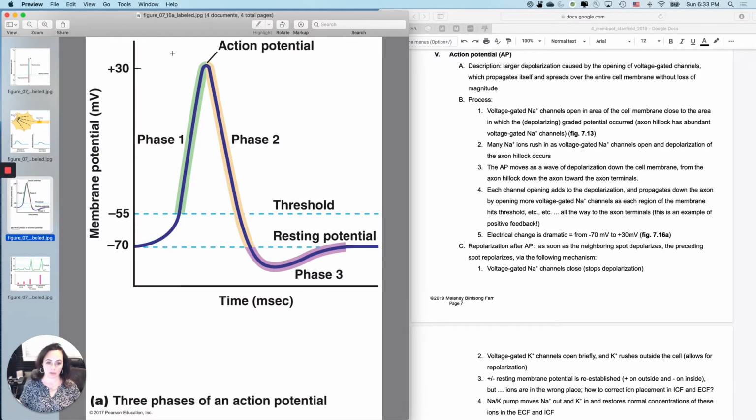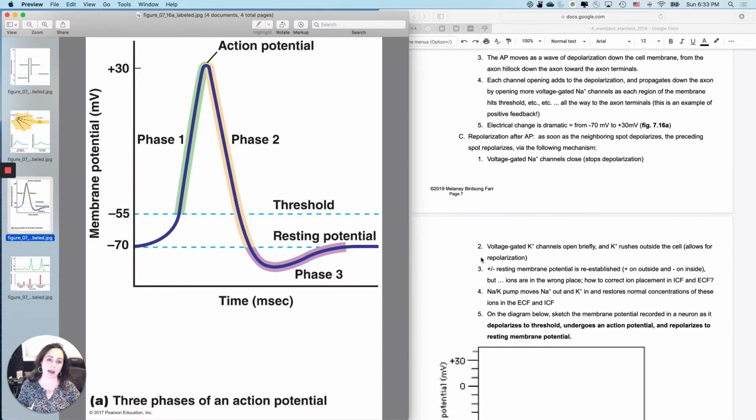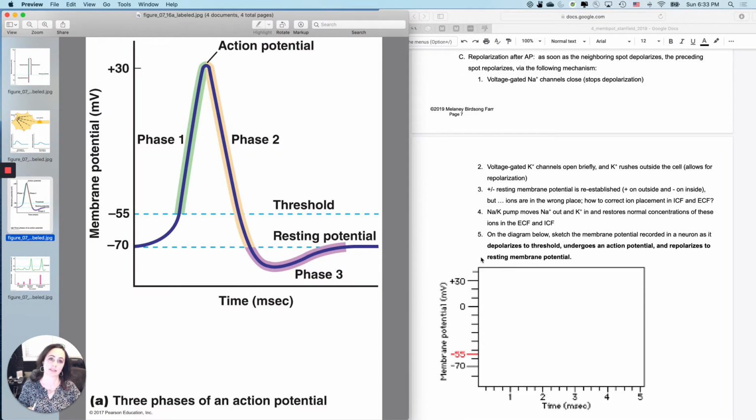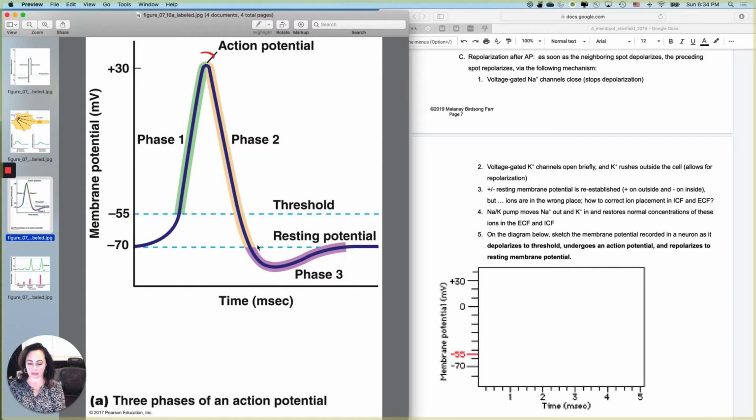All right, so now let's talk about the repolarization that happens after the action potential. So how do I get from here back down to minus 70? How do I get there? Well, hopefully you will know that in order to do that, at the top here, to start moving down, I'm going to have to do two things.